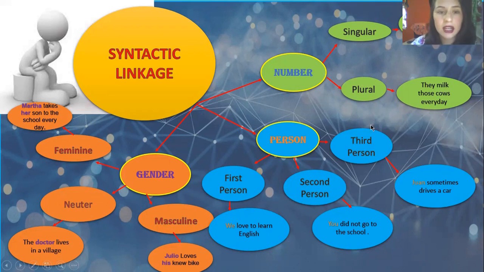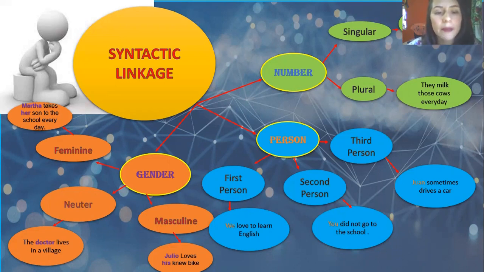Now, the next syntactic linkage is person. Person refers to the relationship that an author has with the text that he or she writes and with the reader of the text. In other words, person is the category used to distinguish between the first person, which are those who speak, like I and we.